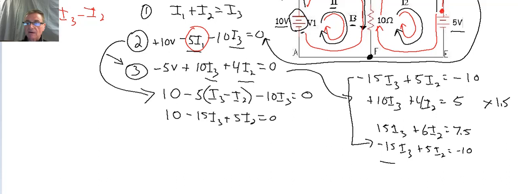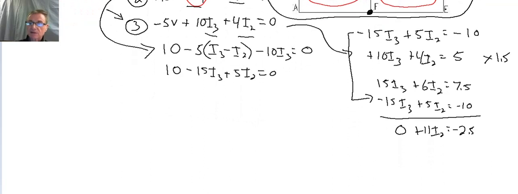Now I can add these equations together, and what I get is 0 here plus 11 I2 is equal to minus 2.5. When I do the math, minus 2.5 divided by 11 gives me a current for I2 of negative 0.227.